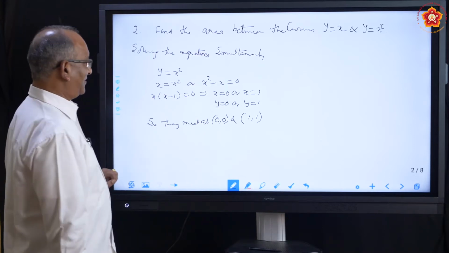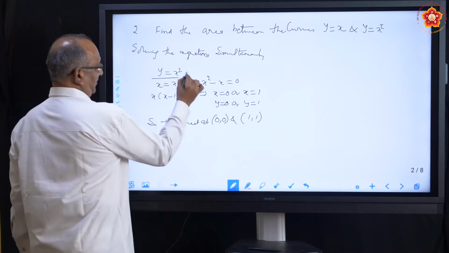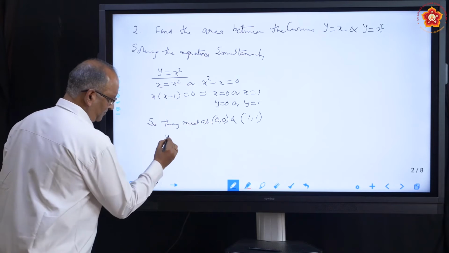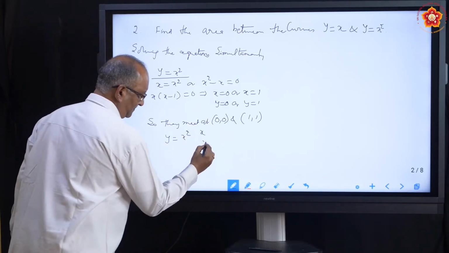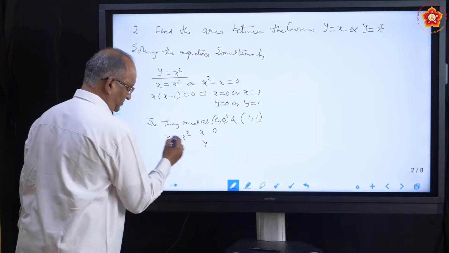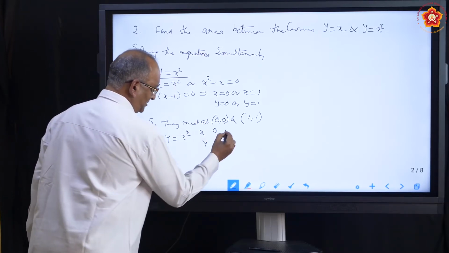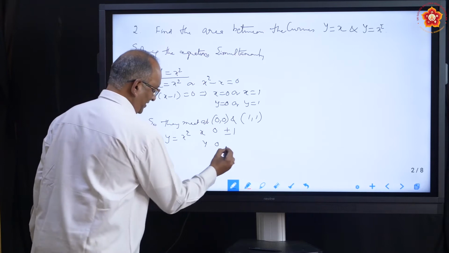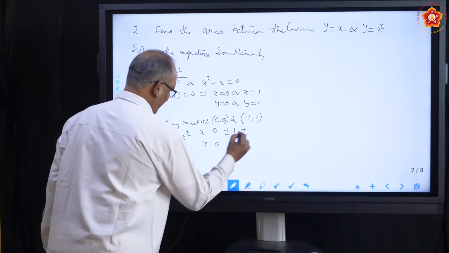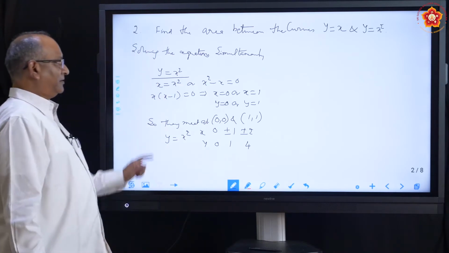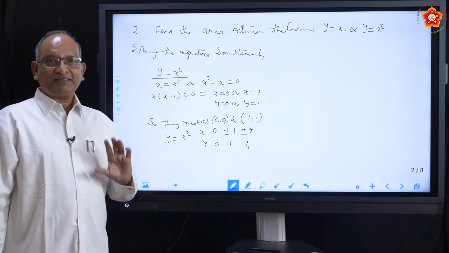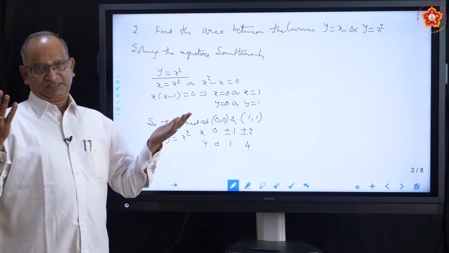Now, to draw the graph, what is the curve? Y equal to x square. Take the points x and y. X is 0, y is 0. X is plus or minus 1, y is 1. X is plus or minus 2, it is 4. X square equal to y is a parabola which opens upwards.